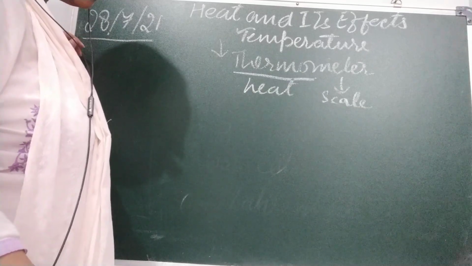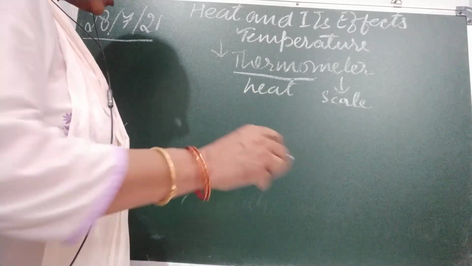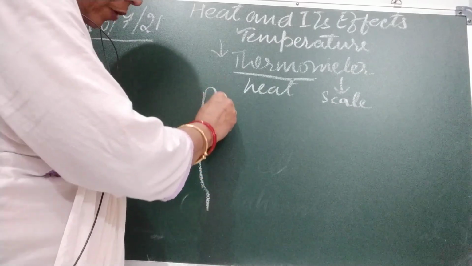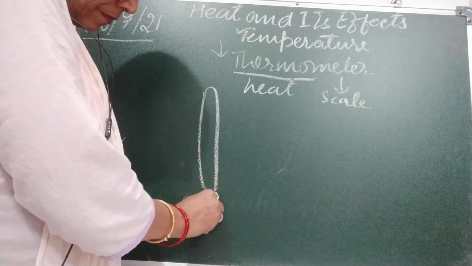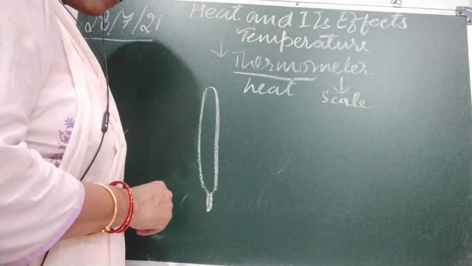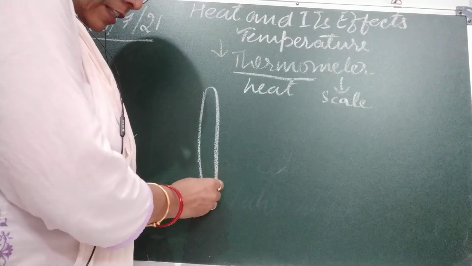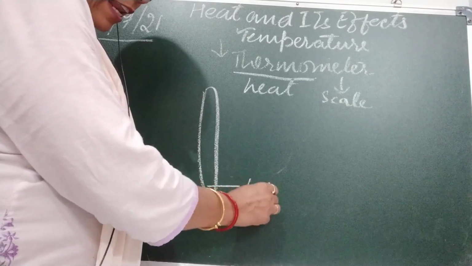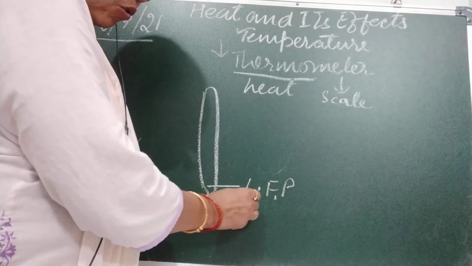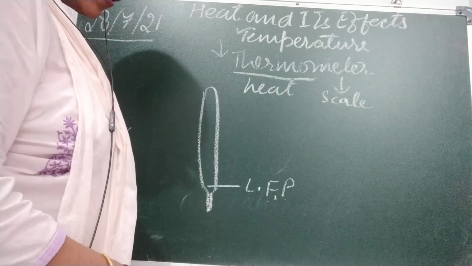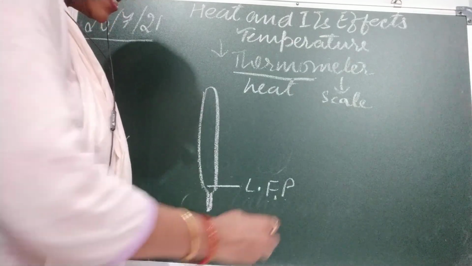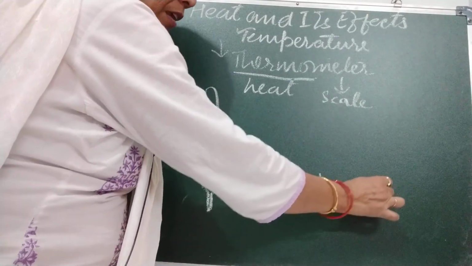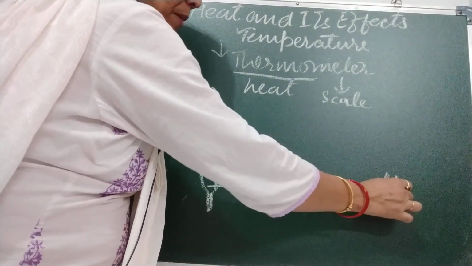A thermometer has two standard markings on it, known as fixed points. I am drawing a rough figure. This is a thermometer, and it has two fixed points. First is the lower fixed point, LFP, the temperature at which pure ice melts at sea level.